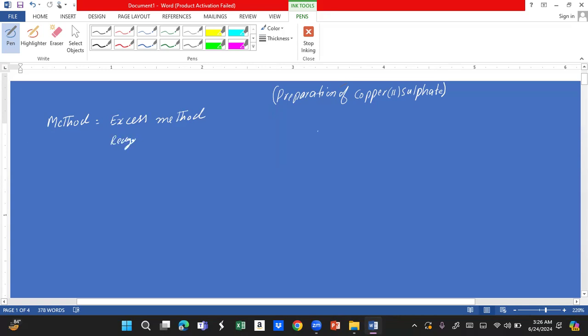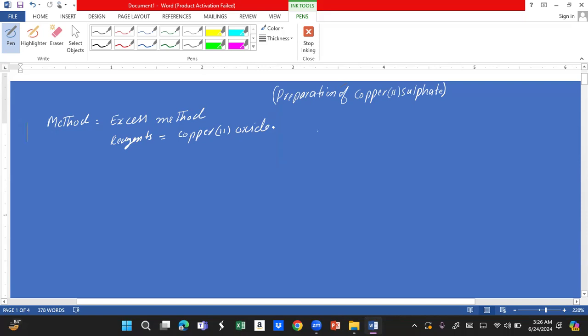First, the reagents will be copper(II) oxide. This (II) indicates the oxidation state of copper because it is a transition element.